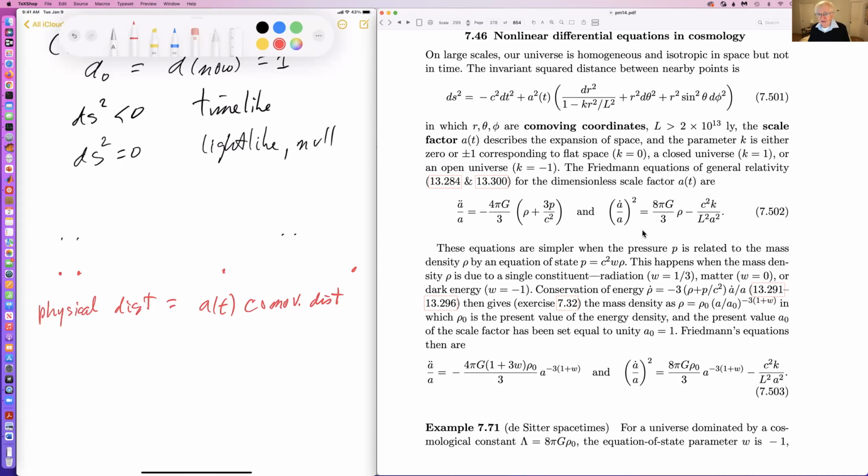But Friedman boiled this all down so that when you have space homogeneous and time just affecting the scale factor, you get two equations, and one of them is first order. A first order equation, we've learned how to integrate such things. Here, rho is the energy density, K is that thing that's 0, 1, or -1, and A is again the scale factor.